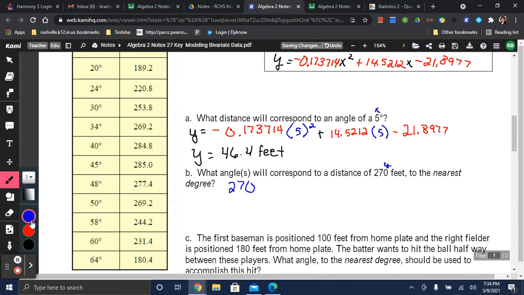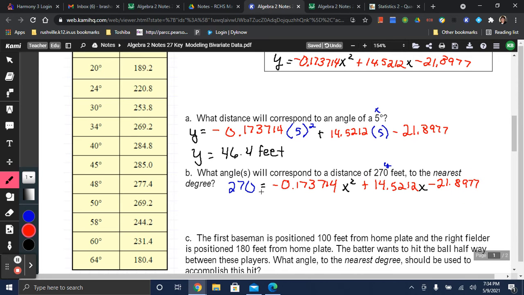So 270 equals negative 0.173714 x squared, plus 14.5212 x, minus 21.8977.